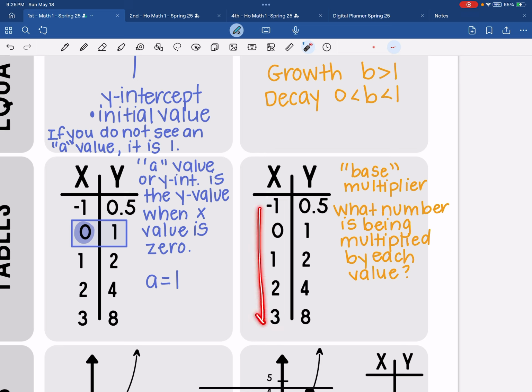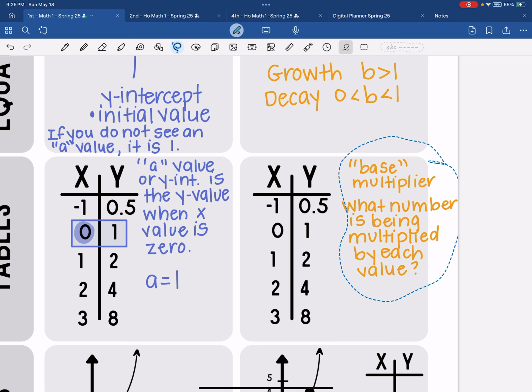Those are going up and they're in consecutive order. As long as they're doing that, I can look at my numbers here and ask myself, what am I multiplying by to get from 0.5 to 1? What am I multiplying by to get from 1 to 2, from 2 to 4, and 4 to 8?